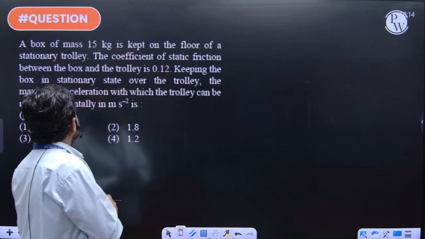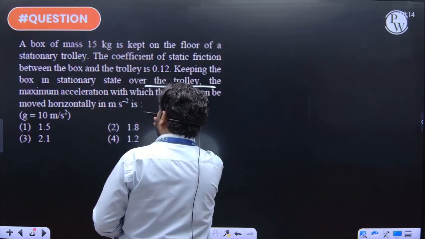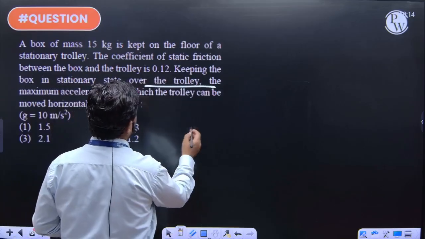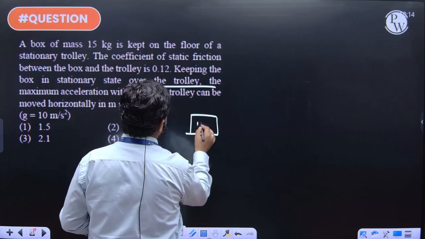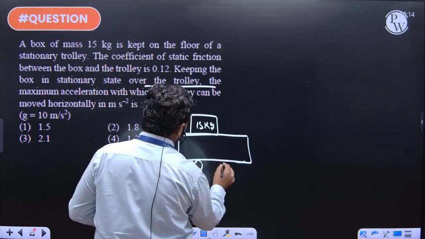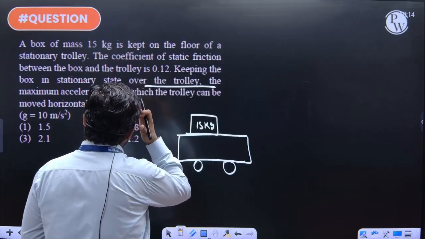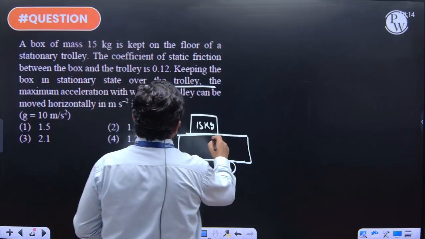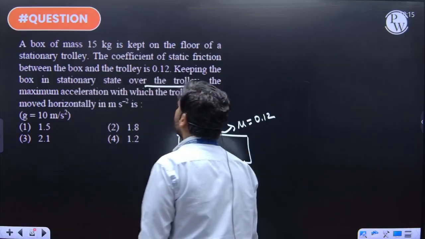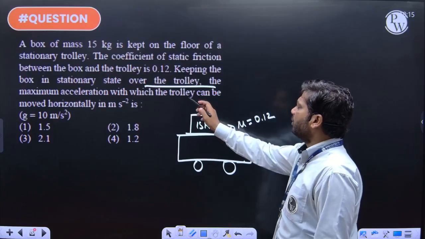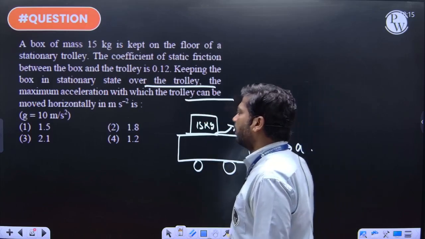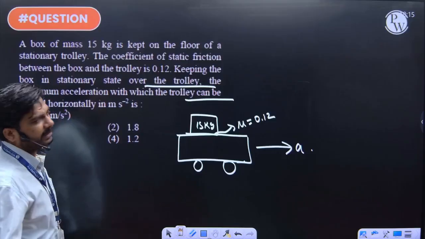Keeping the box stationary over the trolley, what is the maximum acceleration with which the trolley can move horizontally, in meter per second square?